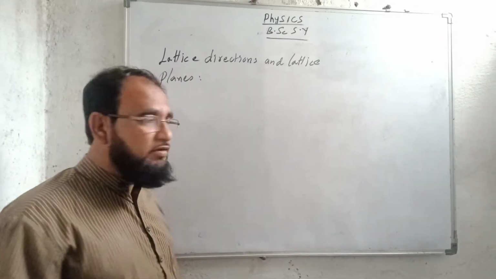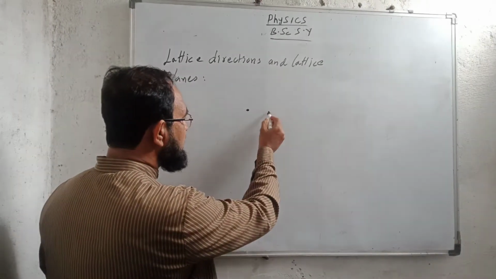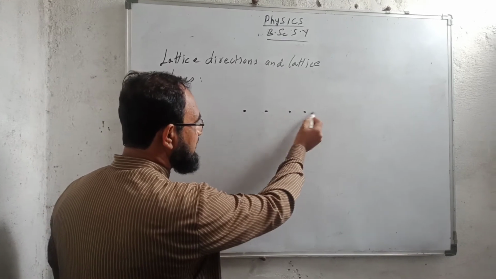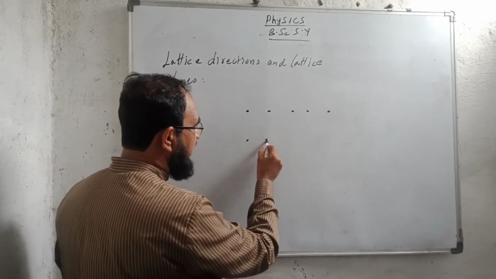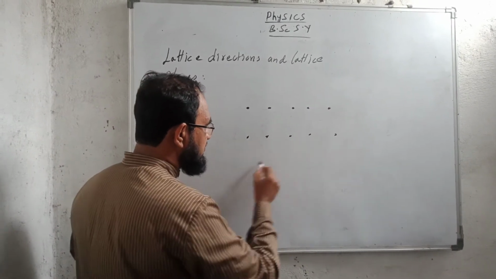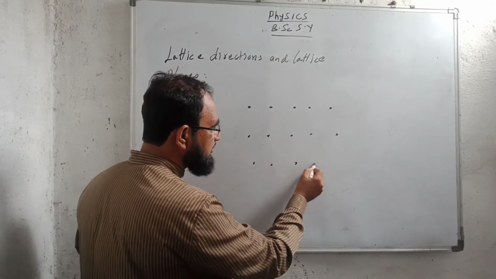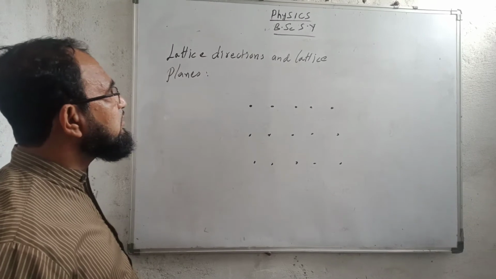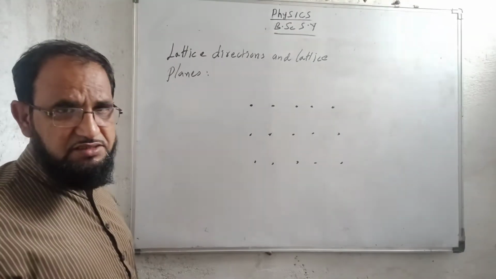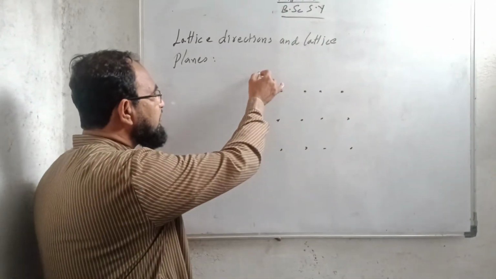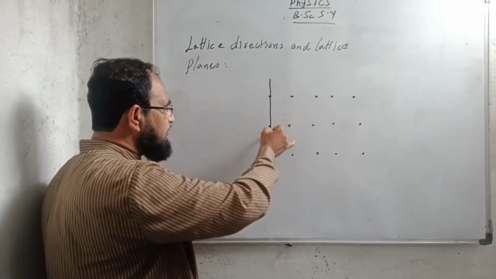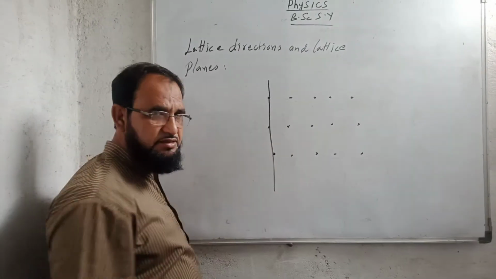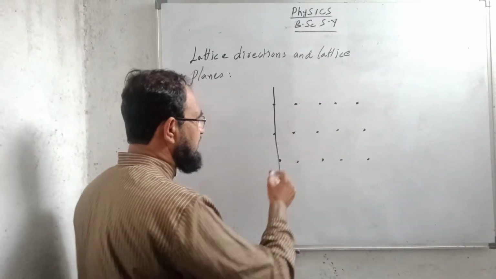So we know very well about the lattice, that is the arrangement of the points, an array of points, a systematic arrangement of the points. Now, if I talk about the lattice planes, then when I draw one plane which is passing through the lattice points, it is known as one plane.